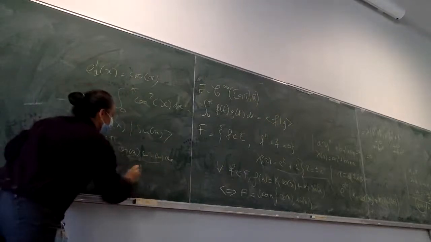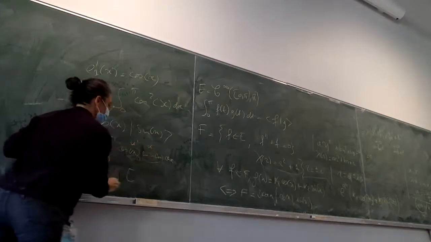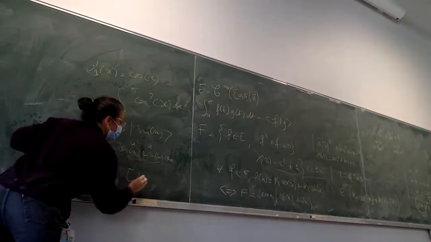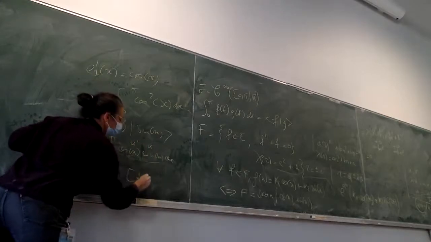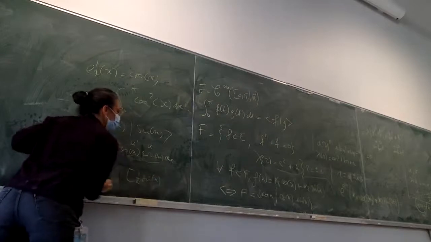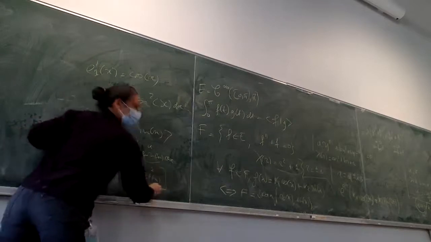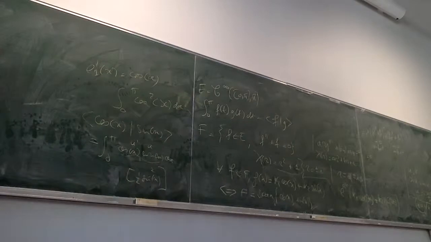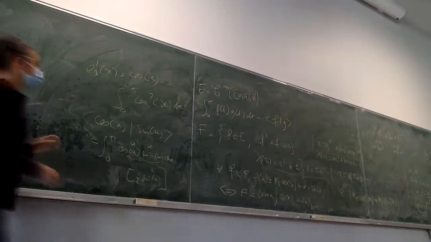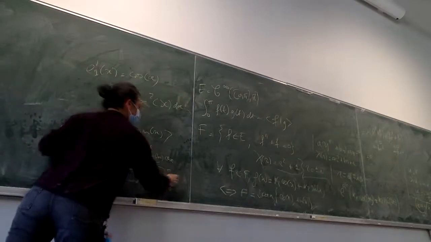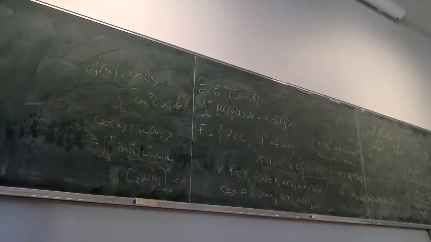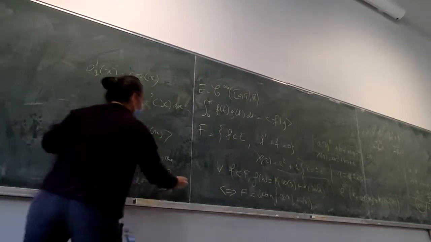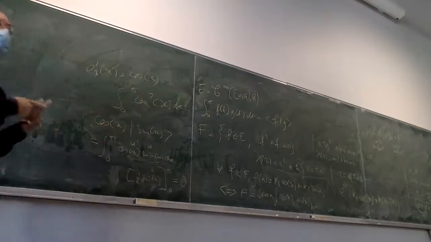Okay, let's make it u prime times u: 1/2 of sine of x squared, between 0 and pi. What do we get? 0. So actually, they are already orthogonal.